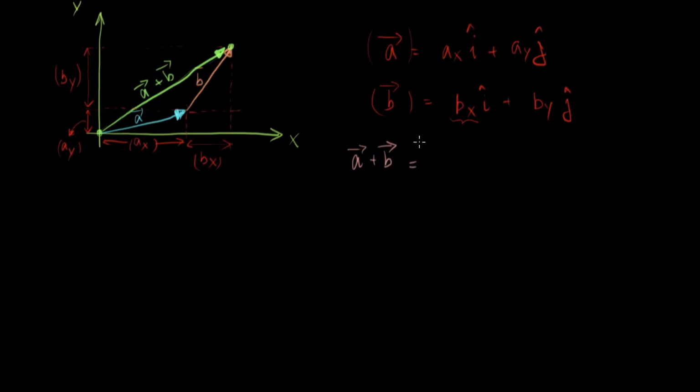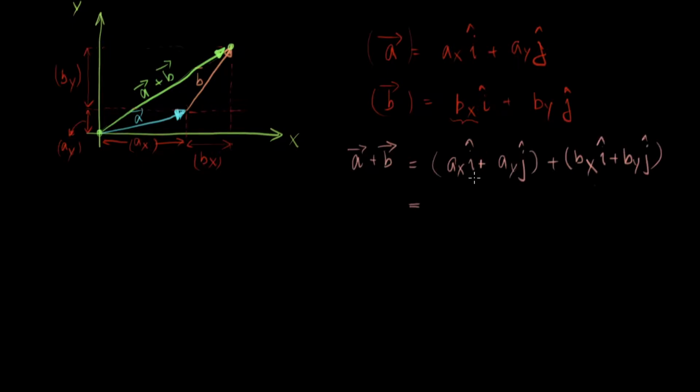So A plus B vector could therefore be written as a sub x i cap plus a sub y j cap. That's your A vector. We must now add that to B. So that's b sub x i cap and b sub y j cap right there. This would be our total resultant vector, something that we hope would be this, which it should be. Now look at the terms.